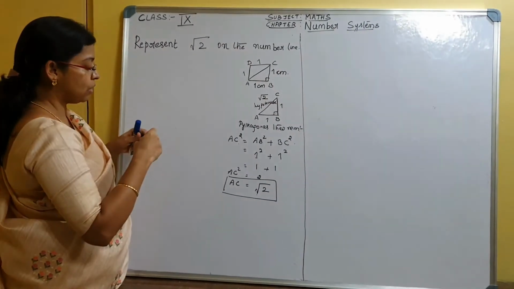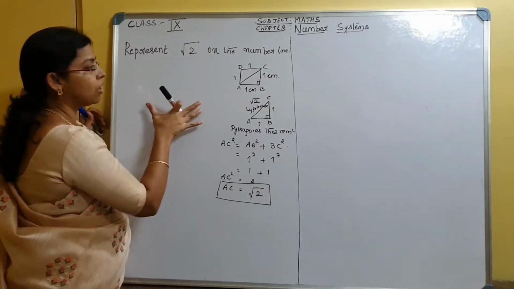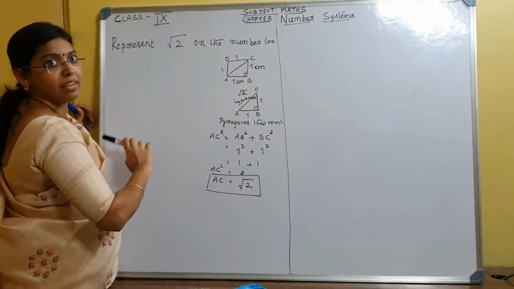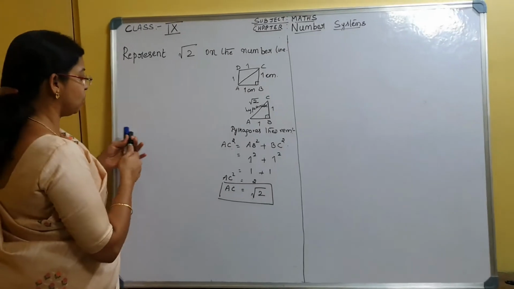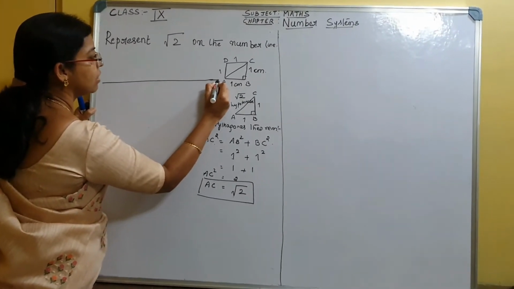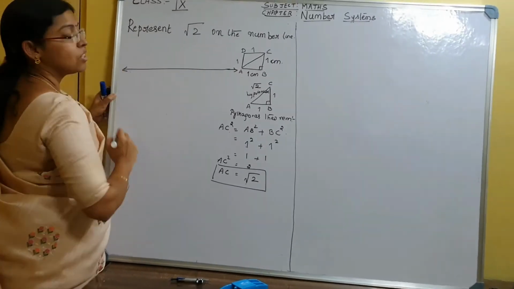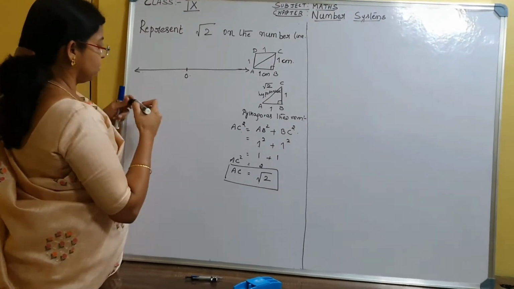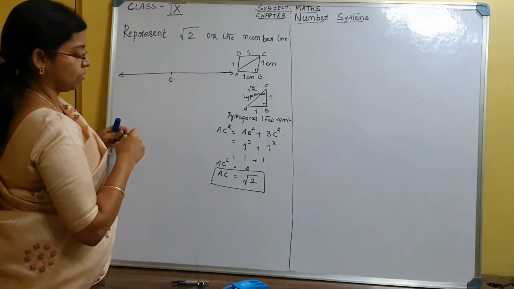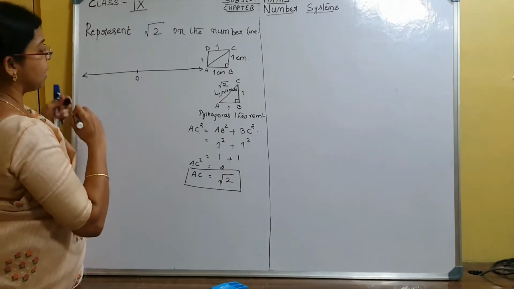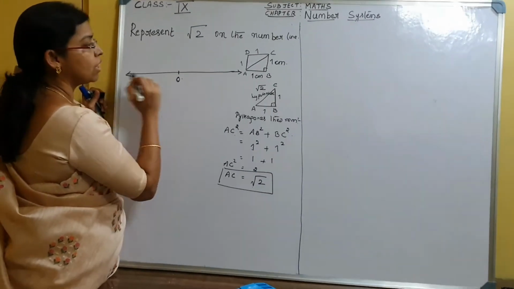So if you bring this right angle triangle on the number line, we will get the root 2 on the number line. We will see how. How can that be done? Draw a line and mark O here.